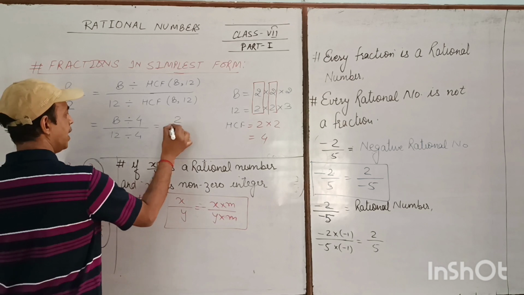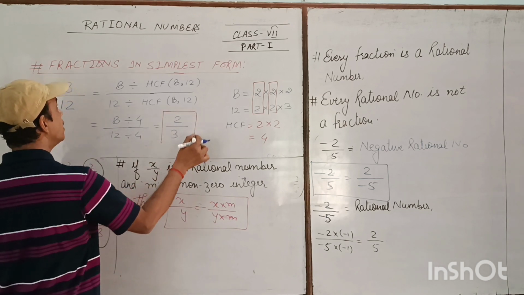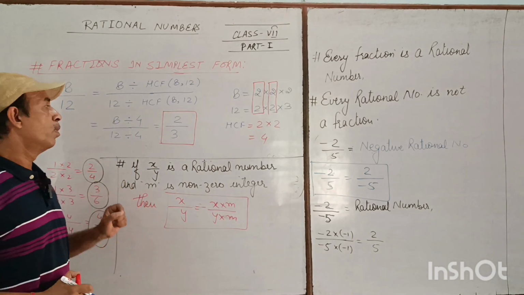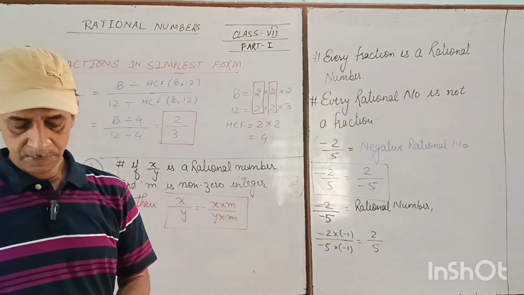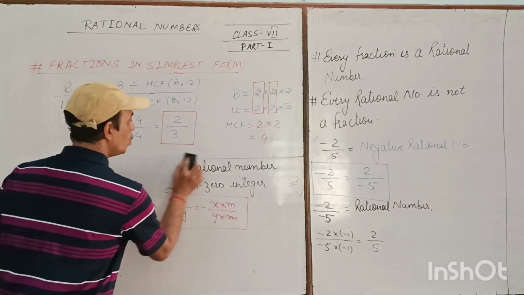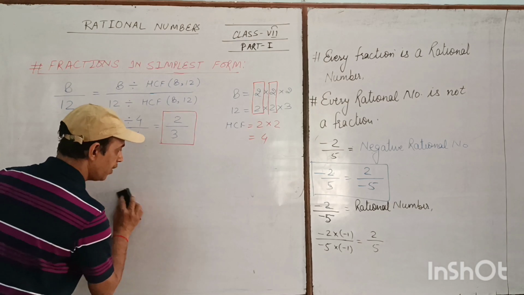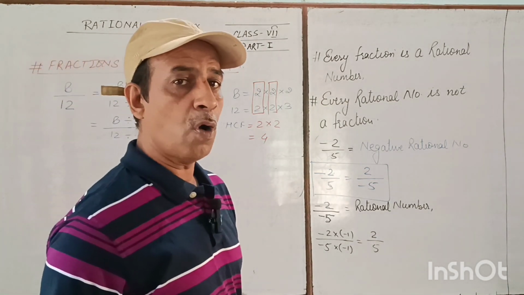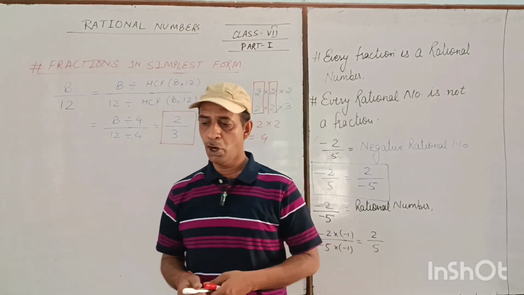You will get 2 and 3. So 2 upon 3 is the simple form of the fraction 8 upon 12. That means what we have seen: to represent a fraction in the simplest form, you divide its numerator and denominator by the HCF of the numbers in the numerator and denominator.